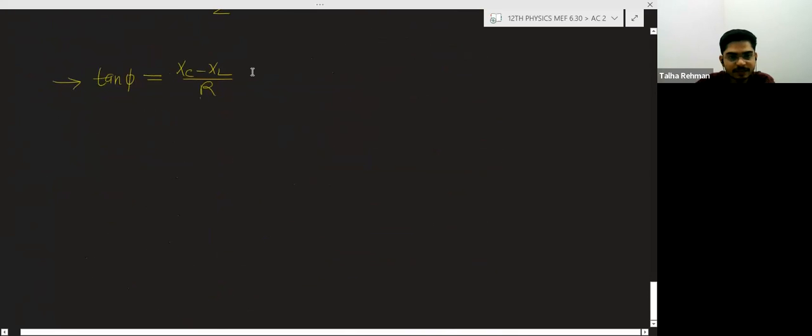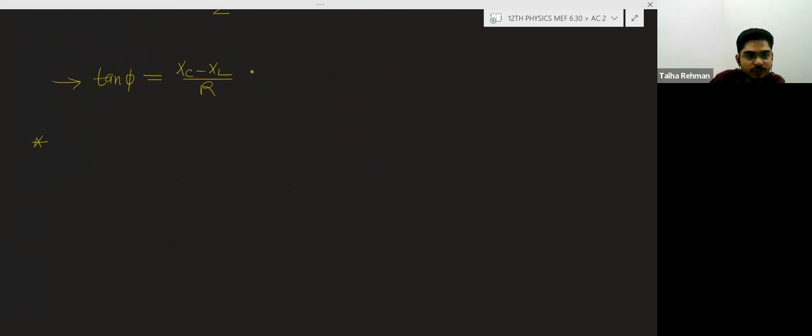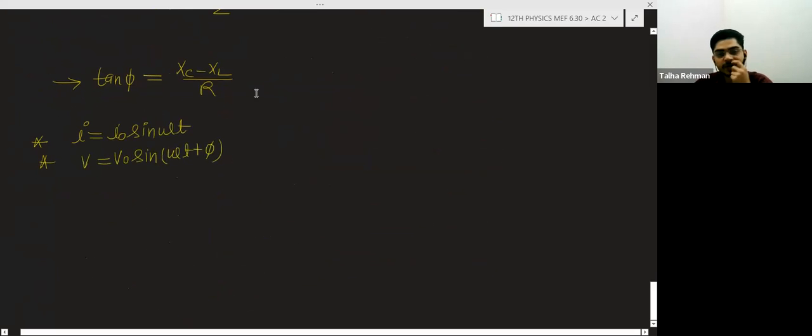So in this case, finally if you want to write the equation of the current, I is equal to I naught sine omega t, and equation of the voltage V is equal to V naught sine of omega t plus phi.